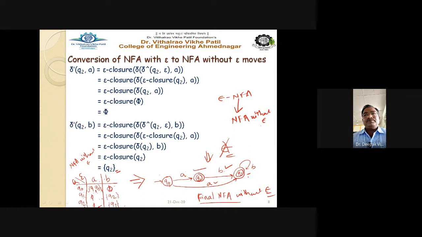Look at the previous diagram and this diagram: in the previous one there was an epsilon transition, and that epsilon transition is now completely removed in this resultant NFA. This is the method to find the NFA without epsilon.